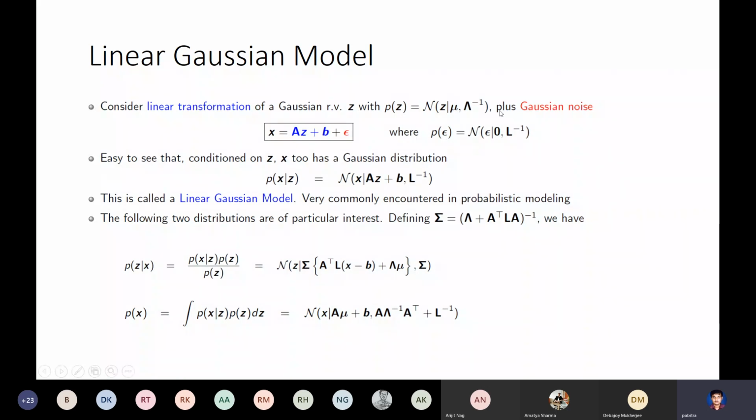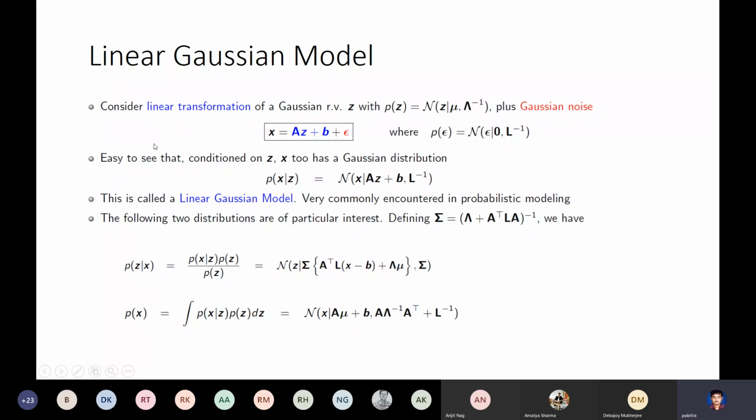And you have another variable epsilon, which is called noise, which is also Gaussian with zero mean and some precision L inverse sigma. Now we are interested in this quantity. Suppose I have observed z. I am interested in the conditional probability of x given z.